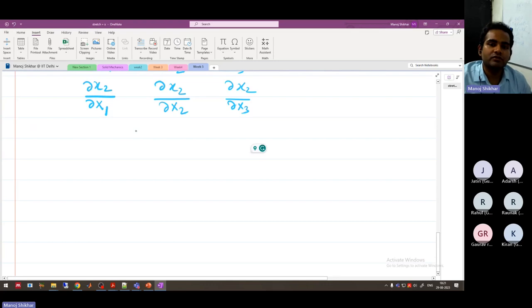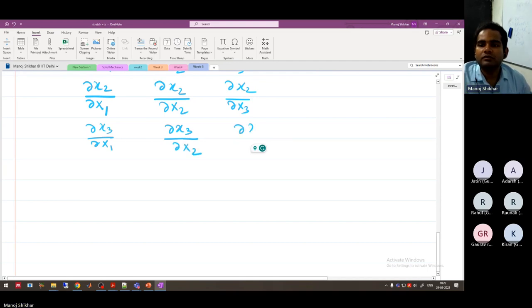The same thing is true for the third row. Third row, i equal to 3, first column, j equal to 1. Third row, second column, j equal to 2. Third row, third column, j equal to 3.